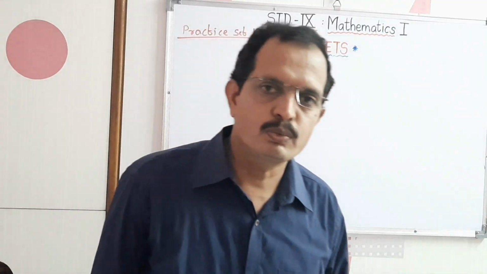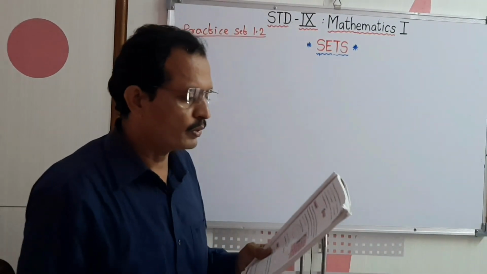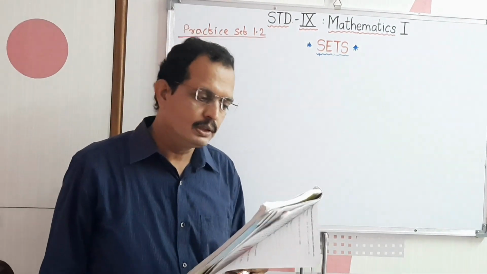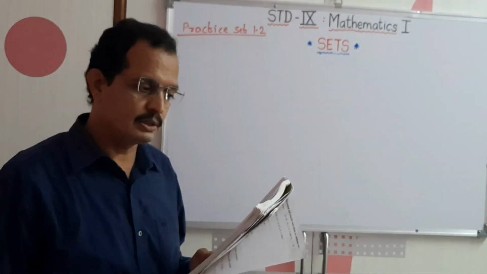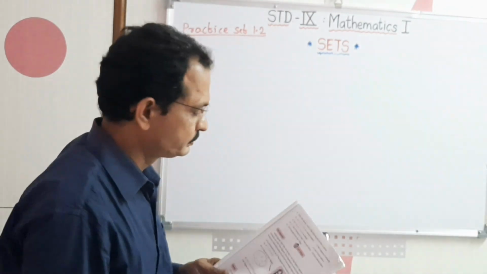See question number 4. Write with reason which of the following sets are finite or infinite. Some sets are given and we have to decide with reason which are finite and which are infinite.